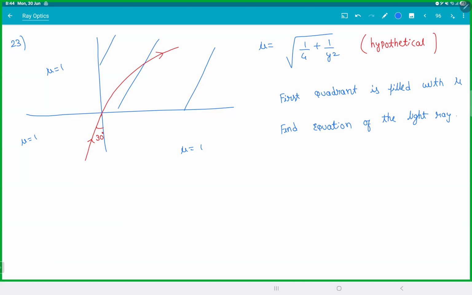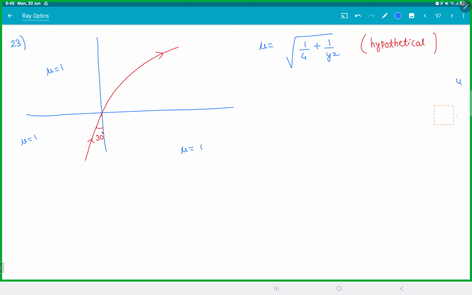How do we approach? So here, how is the normal?